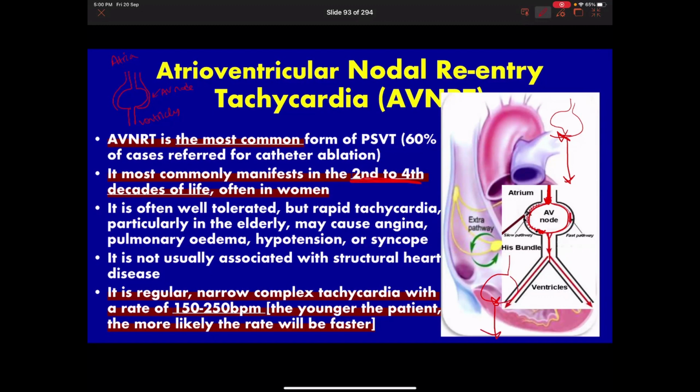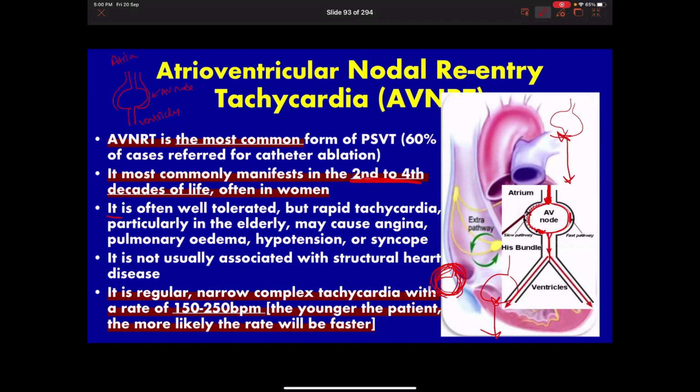What triggers this is sometimes one goes down, everything is supposed to be normal, but then the SA node gives another impulse a bit too early. So what happens is this impulse that comes too early doesn't find anywhere to go, it re-enters, kind of circles back, and it instigates the SA node, which fires again, and then it becomes like a circuit. It re-enters, okay? So this is why it manifests in these people.